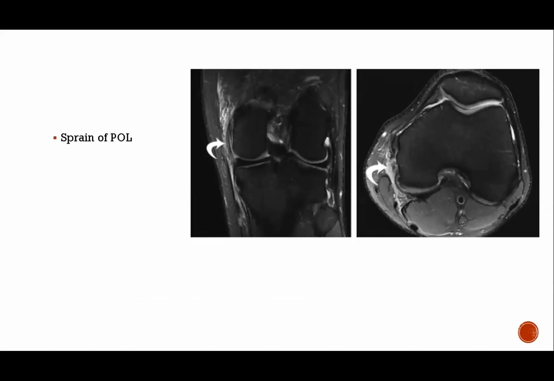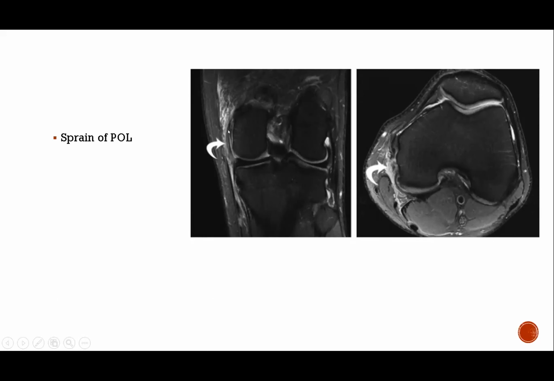So coming to the differences of sprain and tear. Sprain actually appears like this. The entire tendon appears a little thickened, hypointense, and sometimes because of edema, it also has hyperintense features.